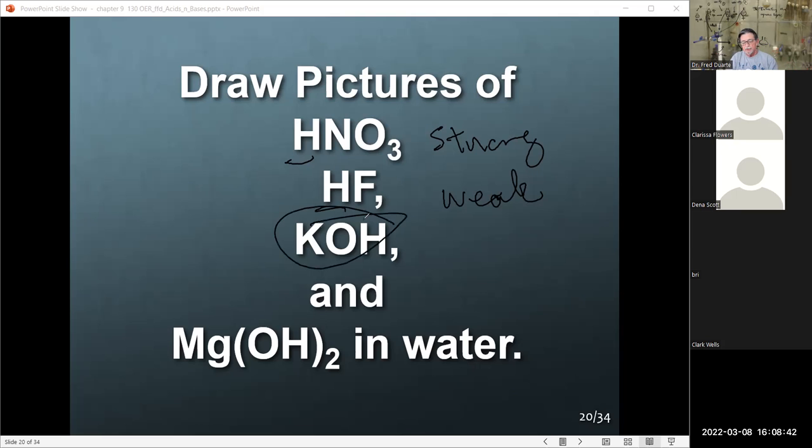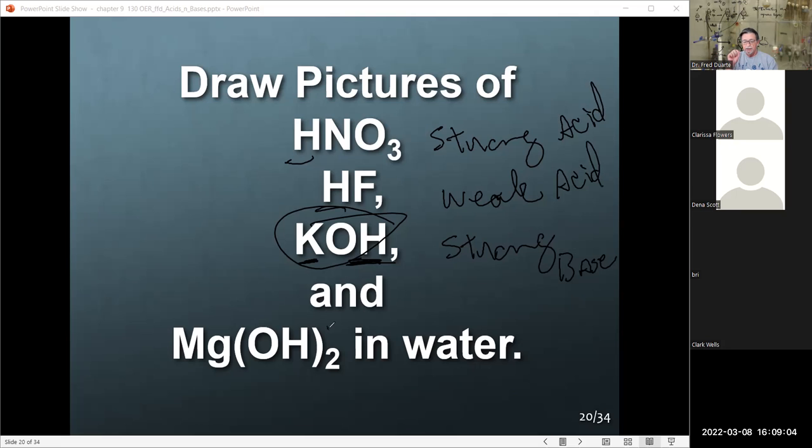The potassium hydroxide has hydroxide, so that's going to be a base. Because of the solubility rules, anything with potassium is soluble, which means this will be a strong base. Okay, this would be a strong acid, weak acid.